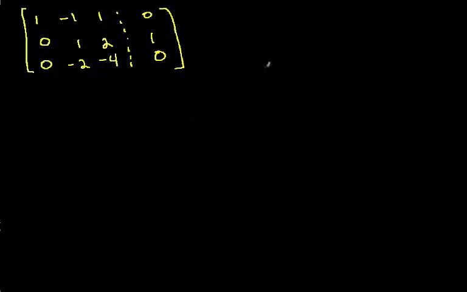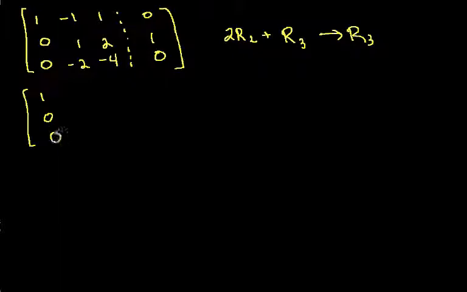Okay, so here we are on a new page. Here I've copied over this matrix, and now we'll do some row operations. I think it makes sense to take 2 times row 2 and add it to row 3 to create a new row 3. I'll just write the parts that haven't changed. We're not going to change the second row, just the third one.